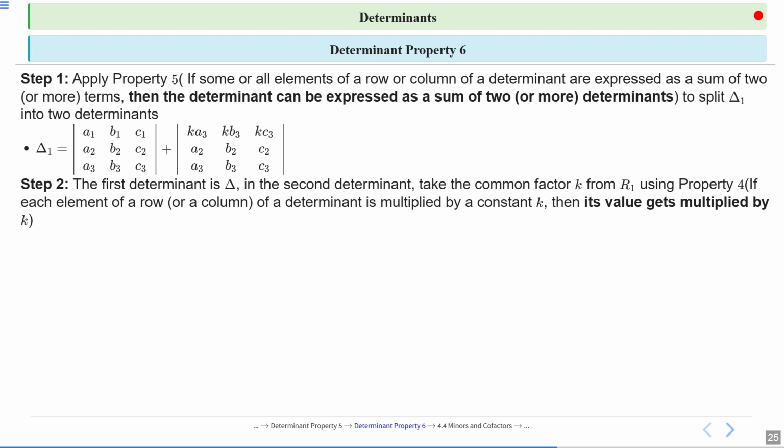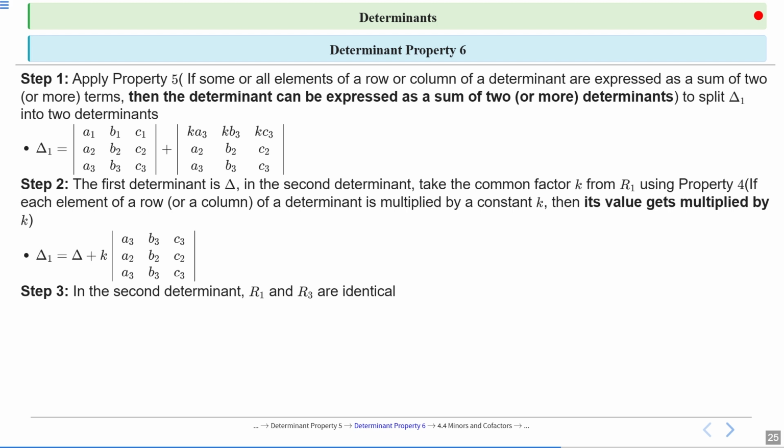Property 4 says that if each element of a row or column, say row R1, of a determinant is multiplied by a constant k, then its value gets multiplied by k. So for the second determinant, we just multiply the determinant by k. So k into the determinant of a3 b3 c3, a2 b2 c2, a3 b3 c3.